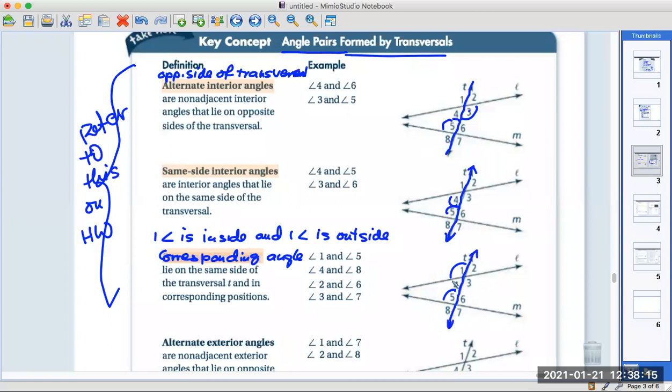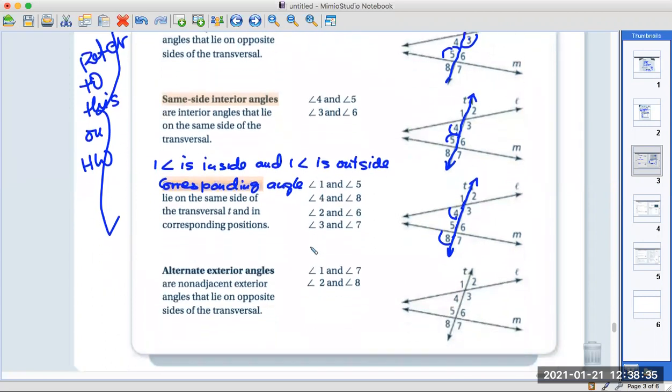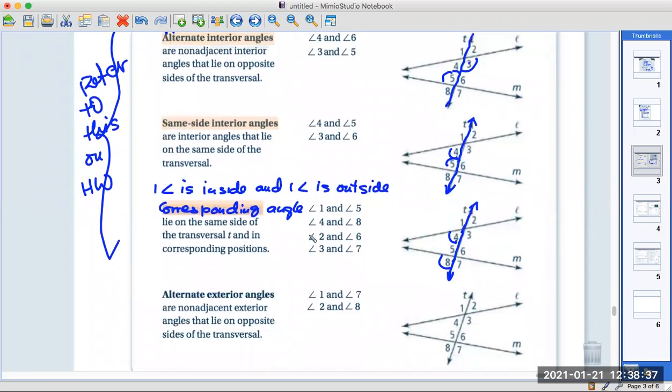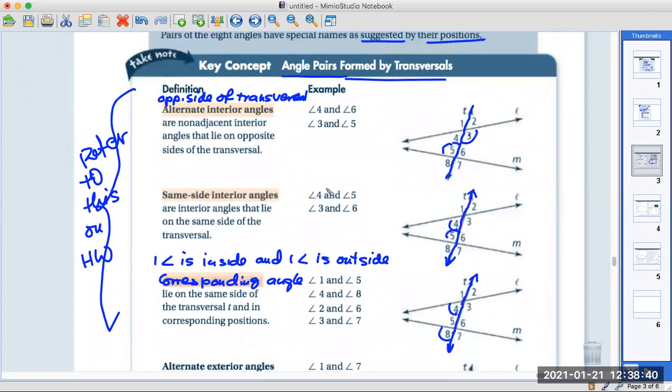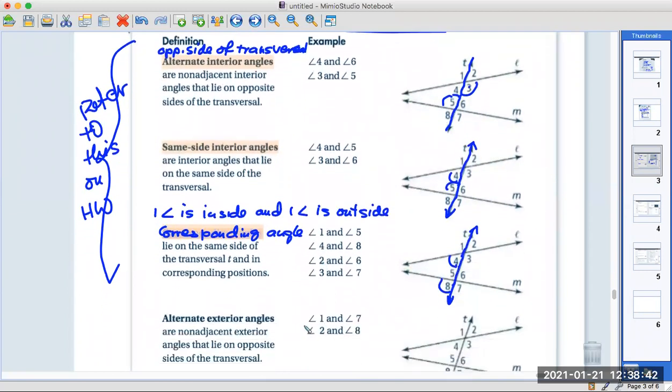And then 4 and 8, 2 and 6, 3 and 7. Those are all corresponding, so there's 4 sets. That's one of the homework questions: how many of each? 2, 2, 4, and 2.